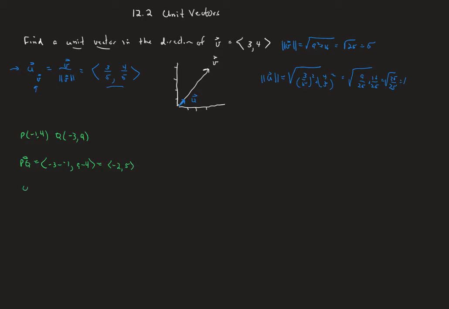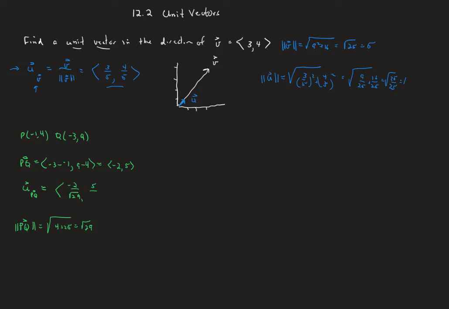Now let's create a unit vector in the direction of PQ. So first what we want to do is find the magnitude of PQ. And this is not going to be so pretty. That's going to be the square root of 4 plus 25. Yuck, that's the square root of 29. So that's going to make our unit vector u. We'll take our original vector PQ and we'll divide it by its magnitude.